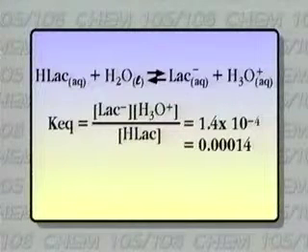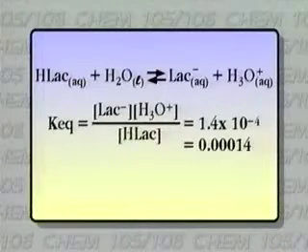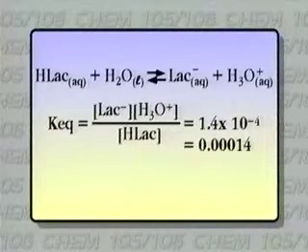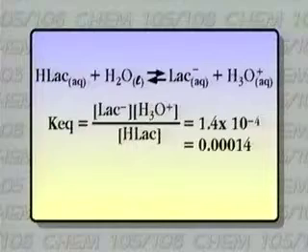Well, we obviously see that that is considerably less than 0.1, which means that the reactant side is favored at equilibrium, meaning there are only going to be a few hydronium ions and a few lactate ions present, but most of the acid is going to be in the form of the molecular compound, the lactic acid itself.